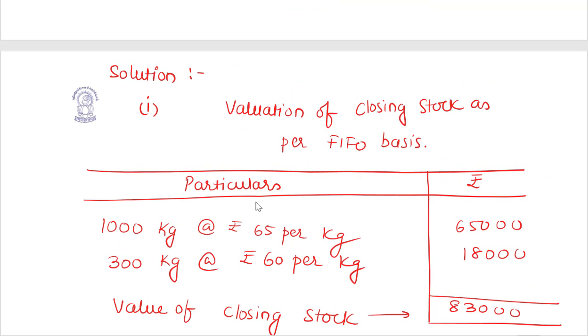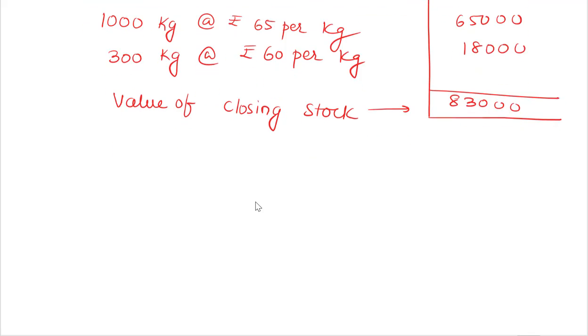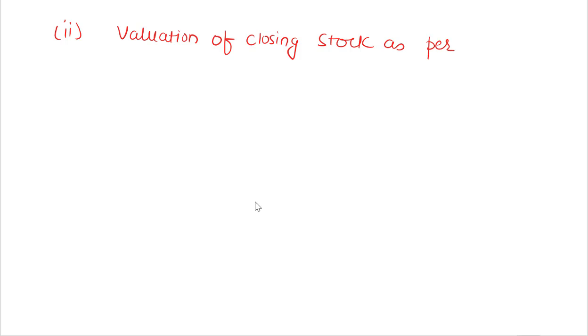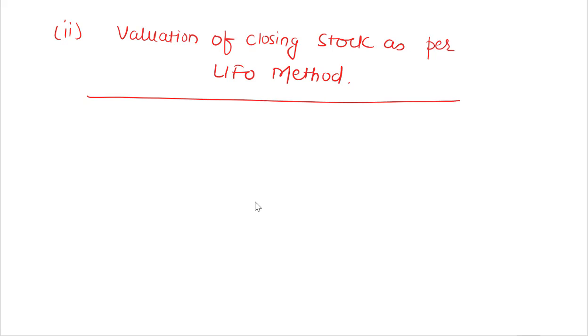Let us do it by LIFO method now. LIFO, last in, first out. Point number 2. Valuation of closing inventory or closing stock as per LIFO method, last in, first out.